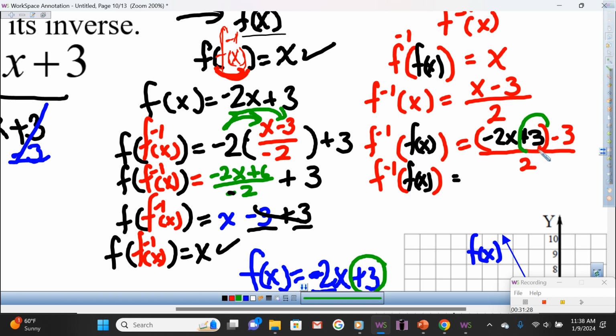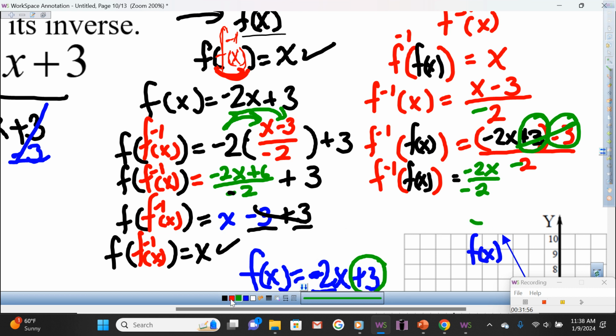What is 3 minus 3? 0. And that leaves us with negative 2x over 2. Am I missing something? Oh, the denominator was a negative, sorry. Negative, negative, negative. My bad.